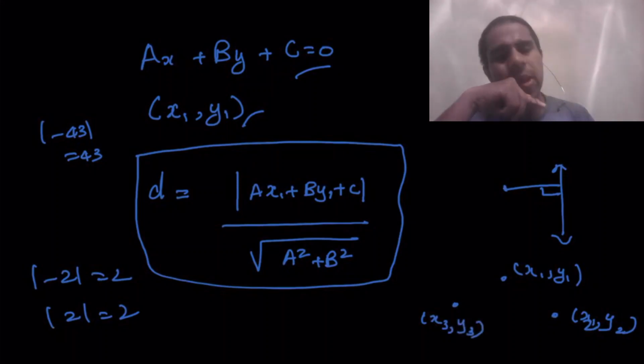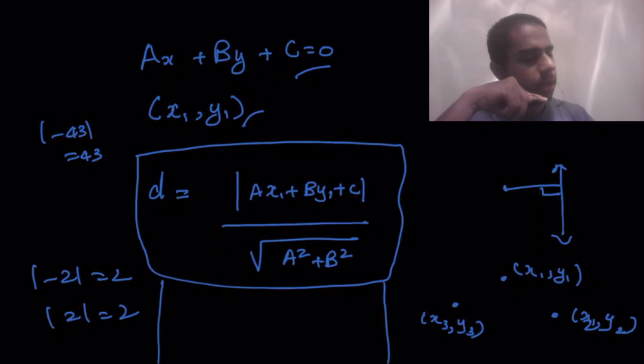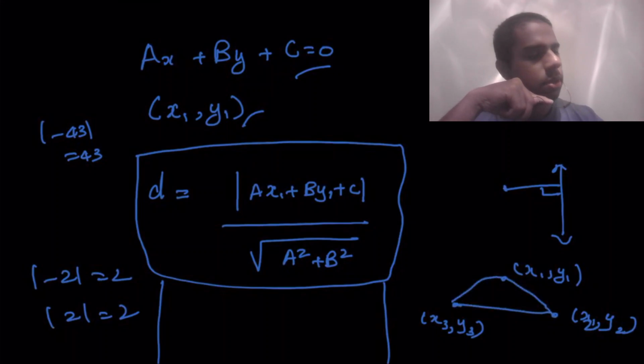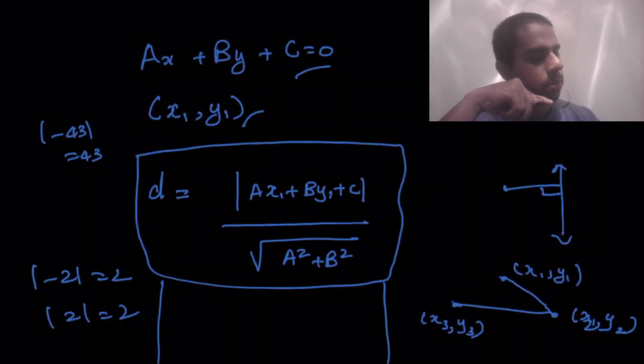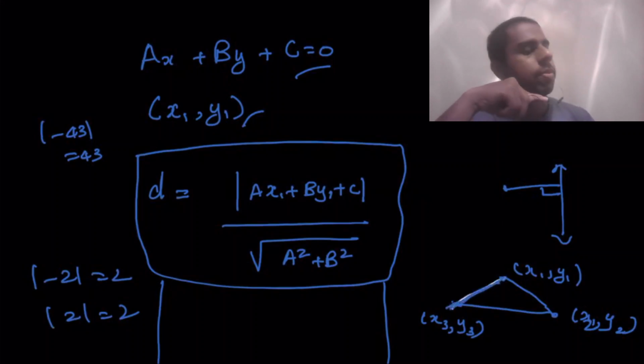Okay, let these three points be given in Cartesian coordinates. What will be the area of this triangle when given three points?